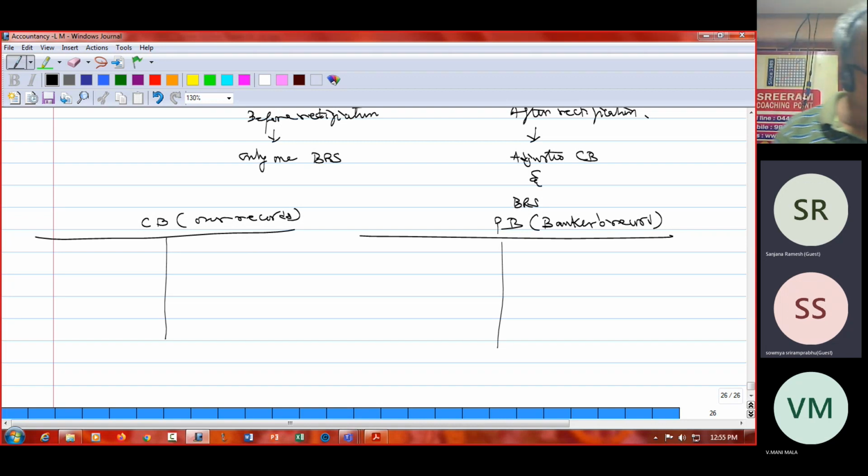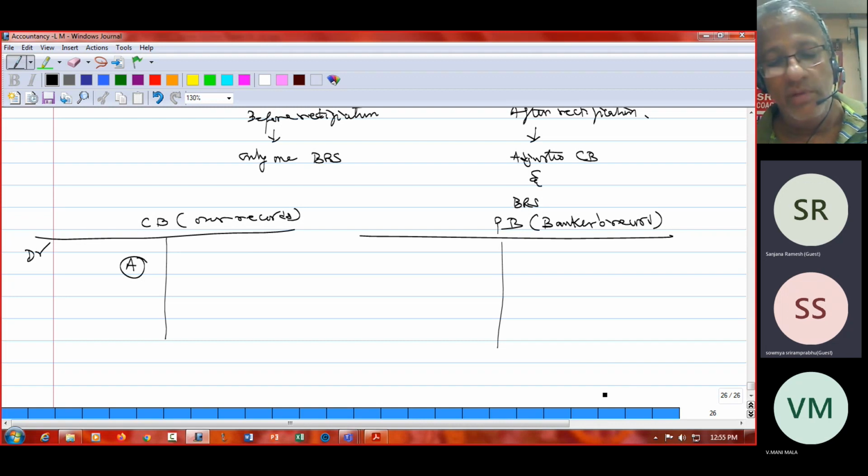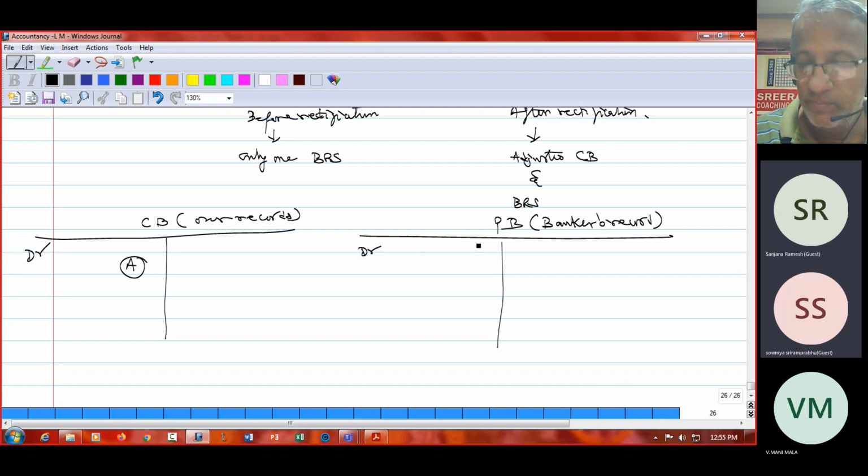All of you closely follow. If an item A is entered on the debit side of the cash book, where do you expect it to be presented in the passbook? Come on. Credit side.